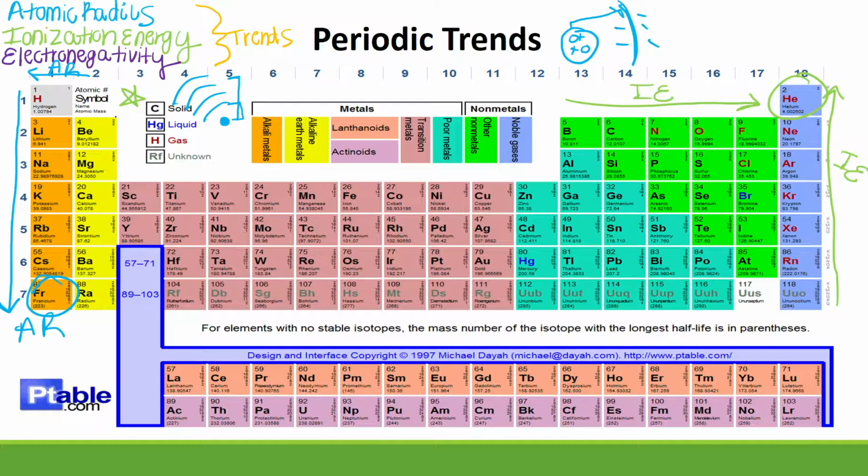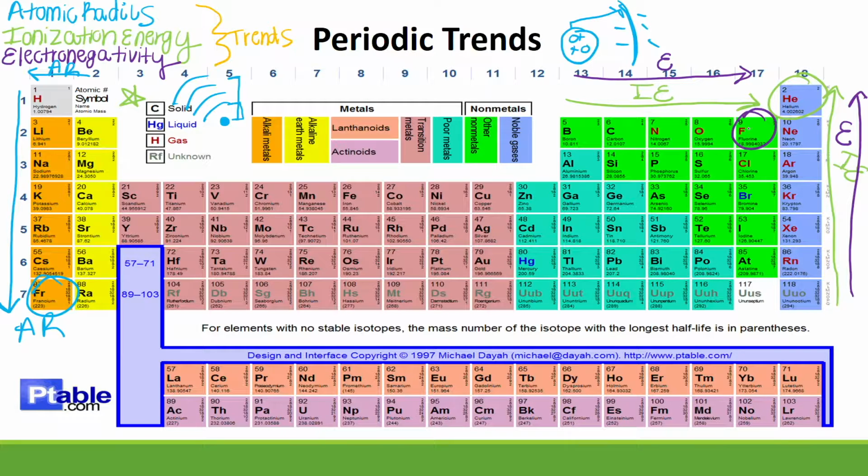So your electronegativity is going to be the same trend as ionization energy: it's going to increase as you go this way, and also as you go from down to up, because the ones that have fewer shells are going to really want those electrons more than the really big ones down here. So your most electronegative element will be fluorine.